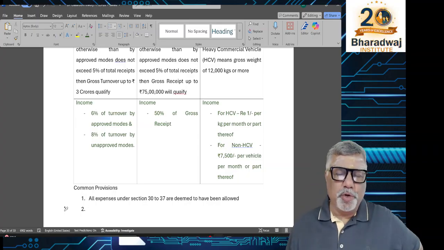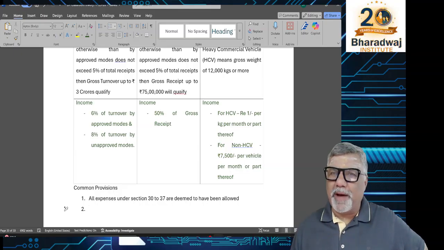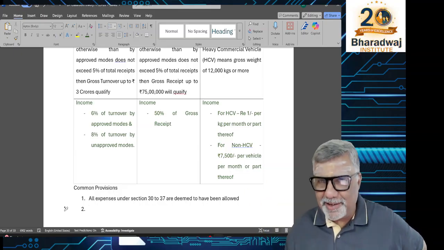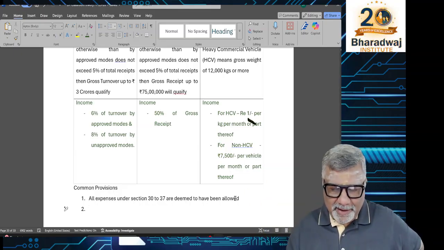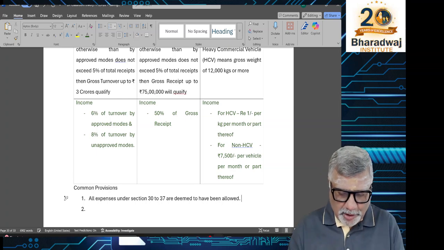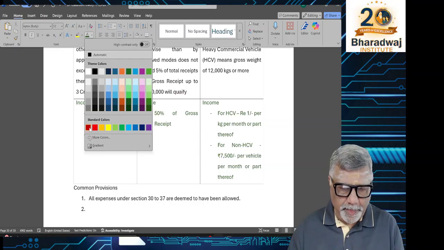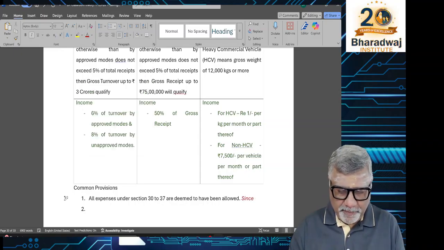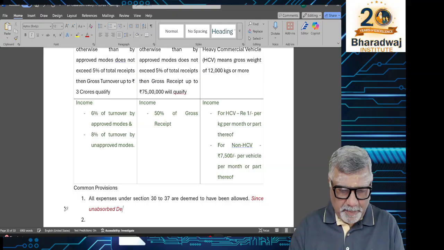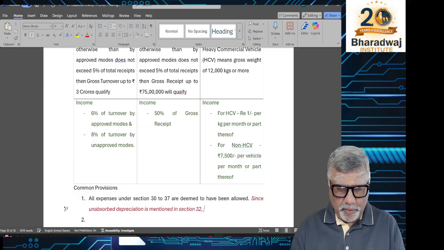That is, you cannot claim 8% of the turnover less depreciation, you should not start. Okay. And remember, one crucial point is since unabsorbed depreciation is mentioned in section 32, the same is also deemed to have been allowed.